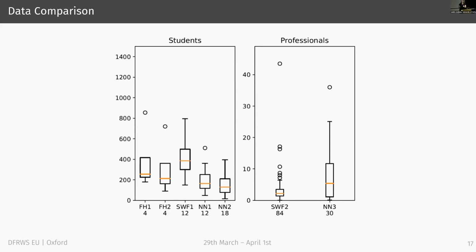On the slides before, it was also minutes. I forgot to mention that, I'm sorry. And the orange line is the average effort, and on the left-hand side you can see the student experiments, on the right-hand side the rodeo, and the plot actually shows you the analysis effort for all images, including originals.